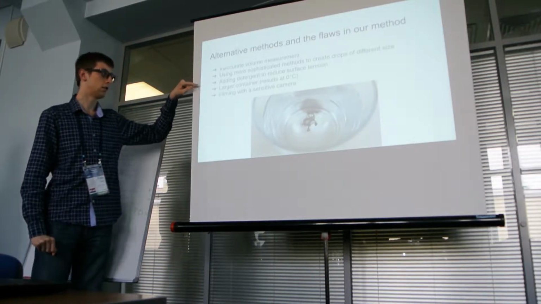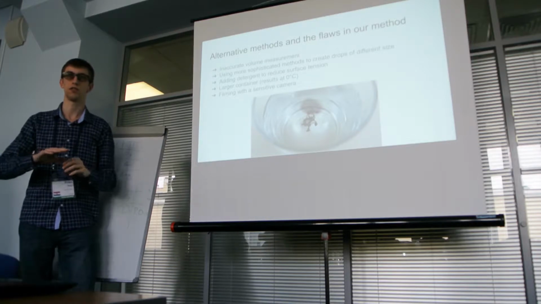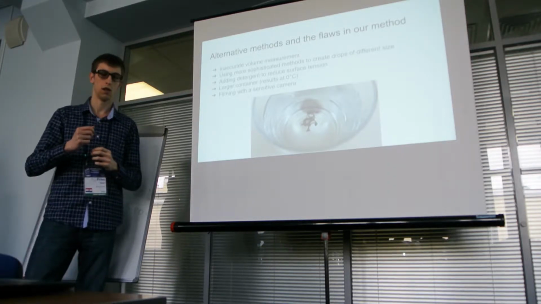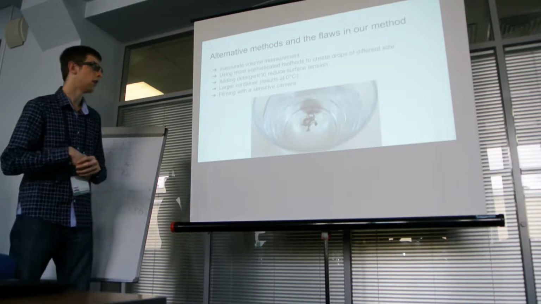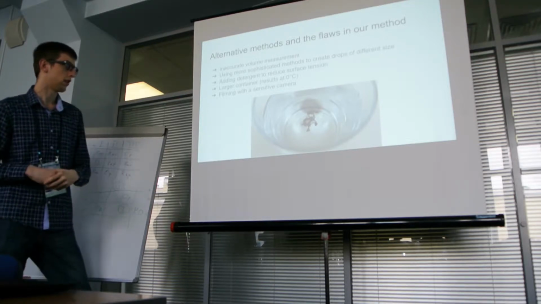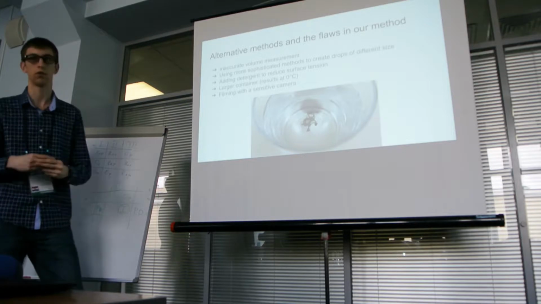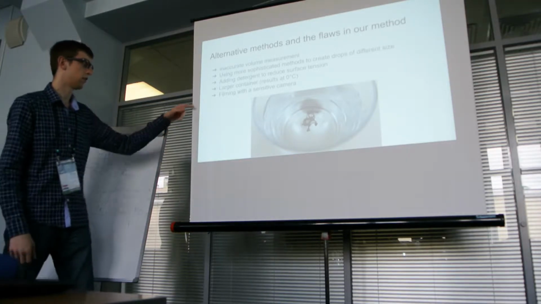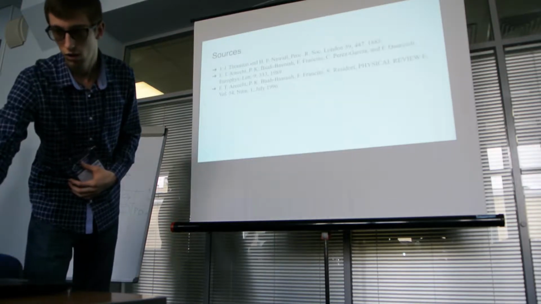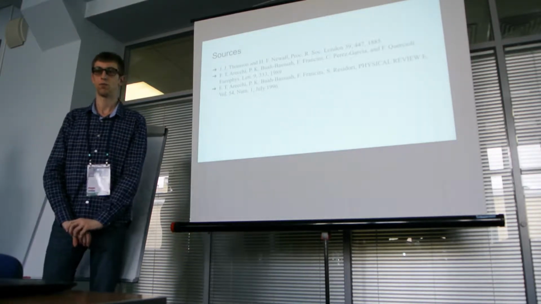Adding detergent reduced surface tension. Surface tension often made the drop just spread on the surface instead of falling down. A larger container would be great simply because we have more room for it to branch, and filming would be great too. And these are our sources.